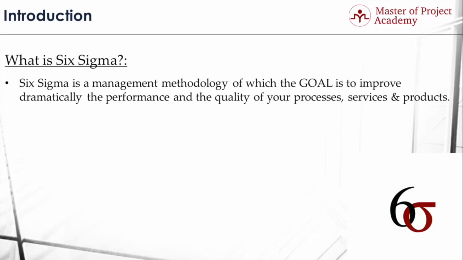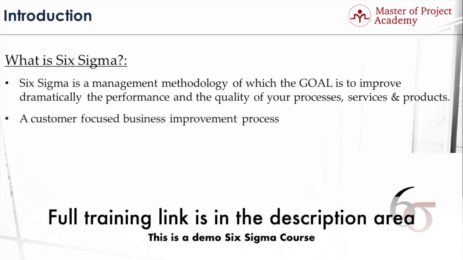Mikhail Harry, President and CEO of Six Sigma Academy, defines it as a business process that allows companies to drastically improve their bottom line by designing and monitoring everyday business activities in ways that minimize waste and resources while increasing customer satisfaction. Therefore, Six Sigma is a customer-focused business improvement process.